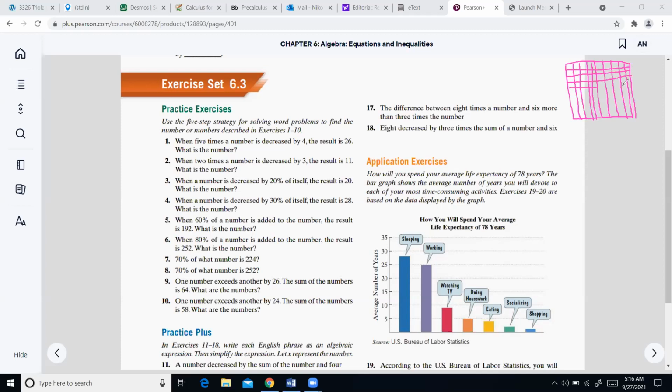So if you break the whole thing into 100 equal pieces, then each piece is going to be called 1%. That's how we define percent.